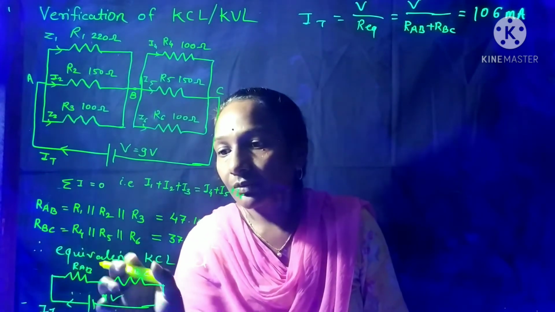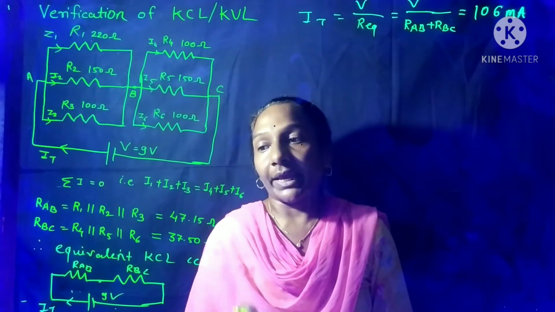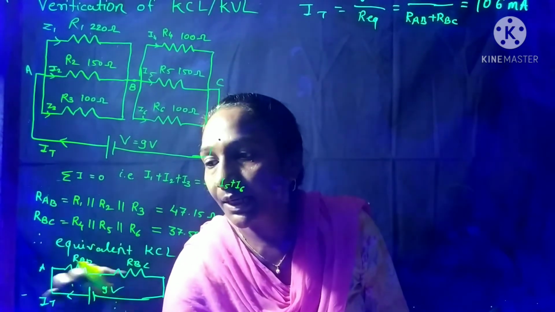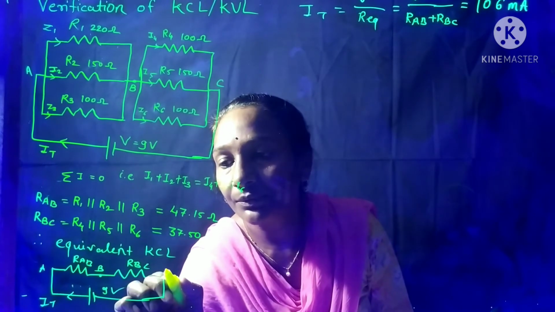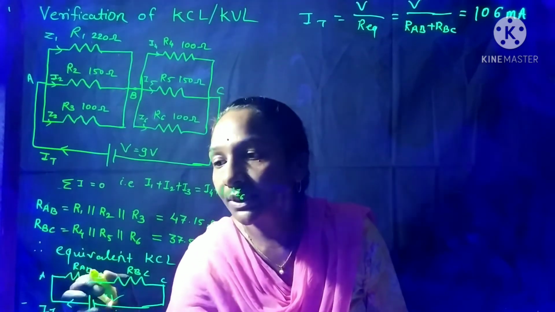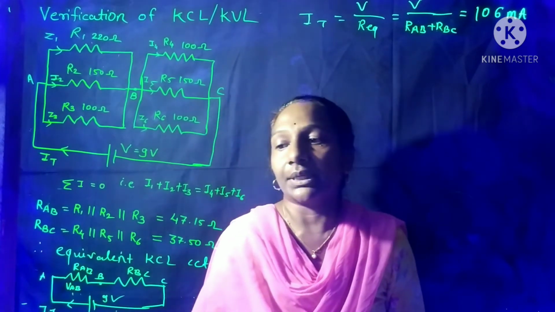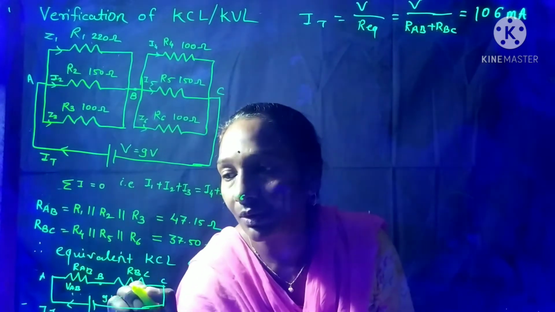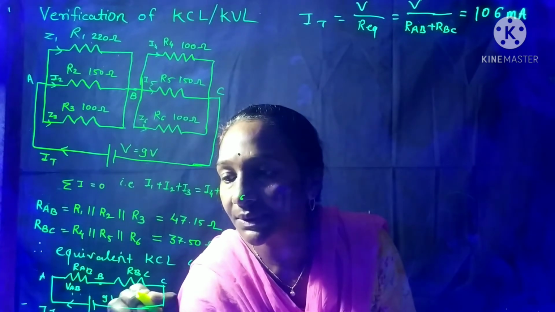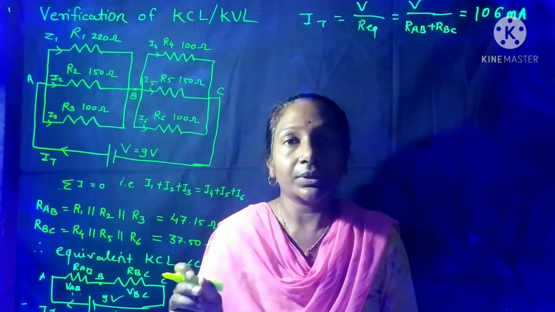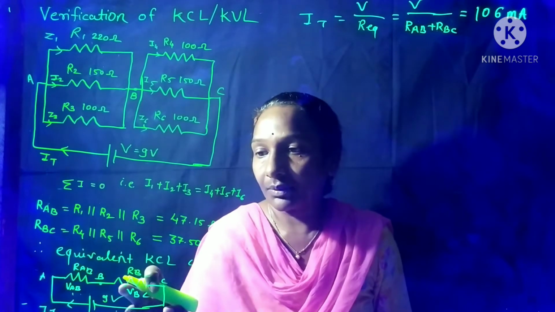Now we require to find out the voltage across each branch, that means from point A to B and from point B to C. The voltage across RAB is called VAB and the voltage across RBC is called VBC. It's very simple to calculate the voltage across the series network.